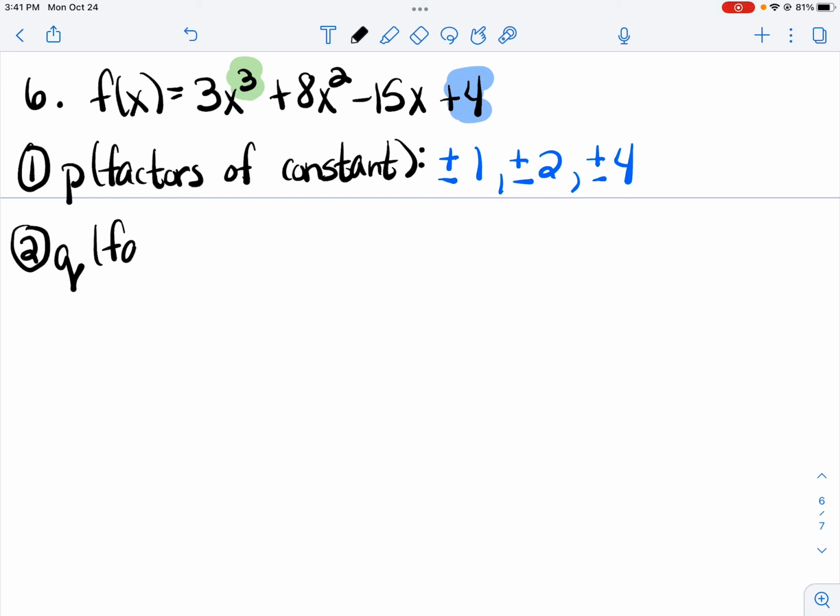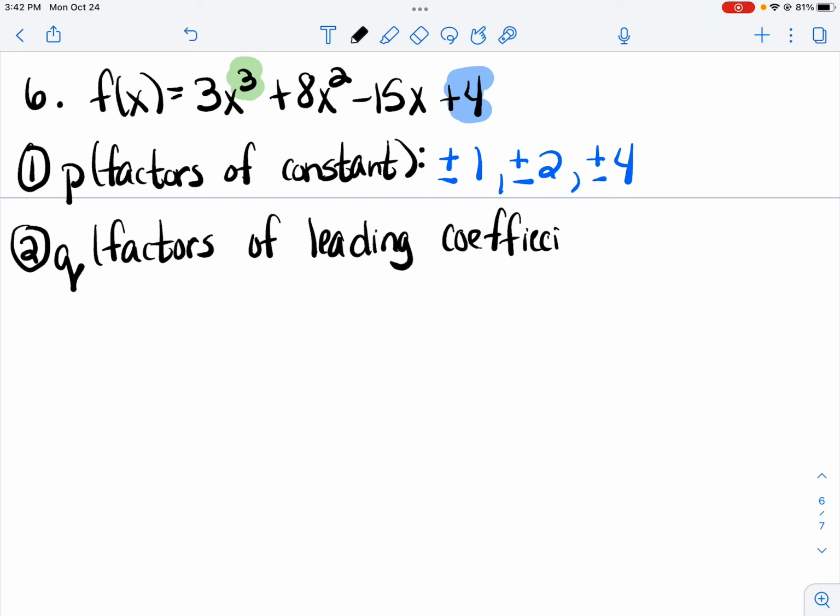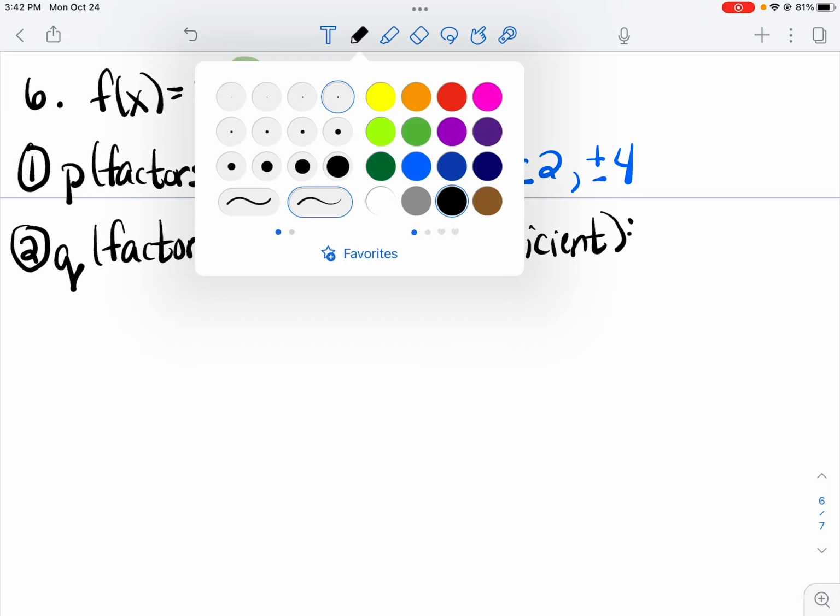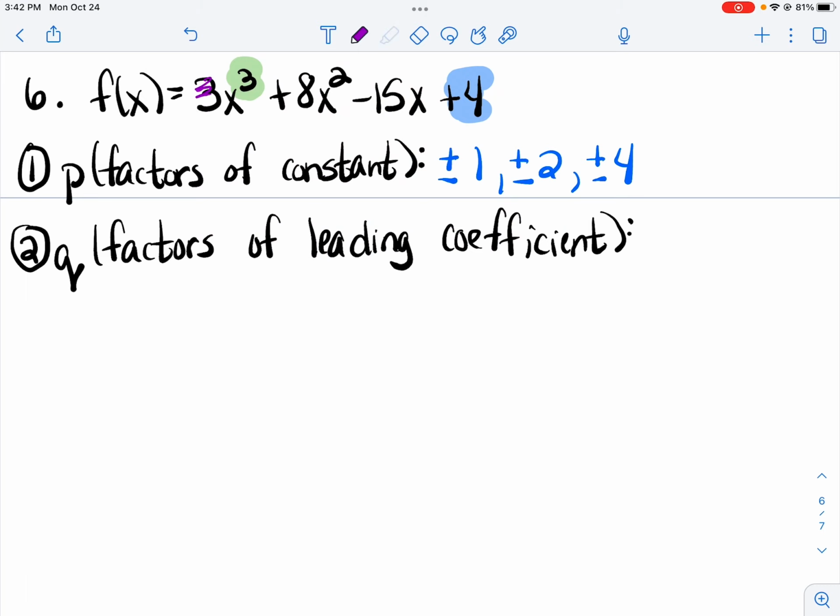Second, I want to list Q, the factors of the leading coefficient. Well, our leading coefficient here is 3. And the factors of 3 are 1 and 3. So I'd have plus or minus 1 and plus or minus 3.